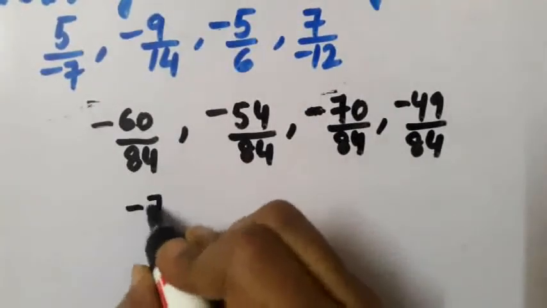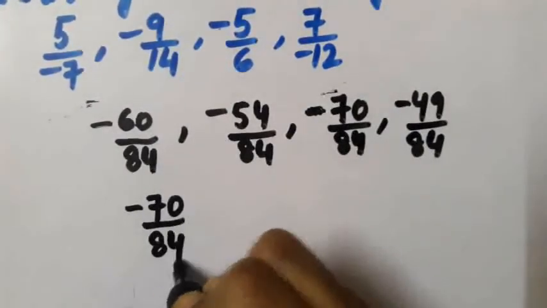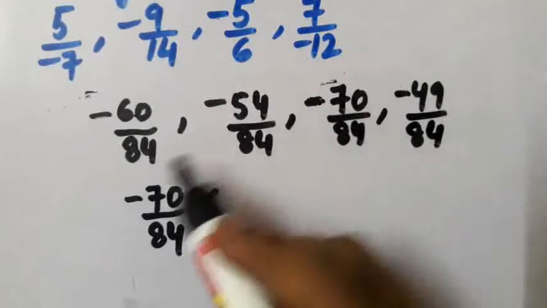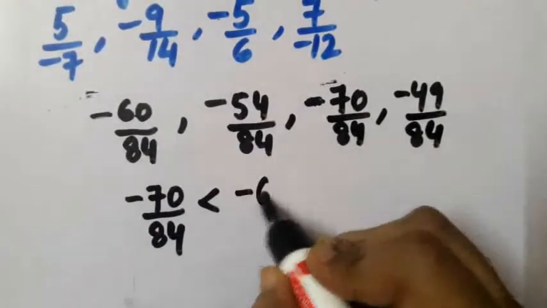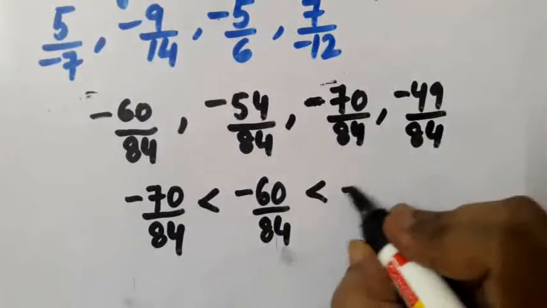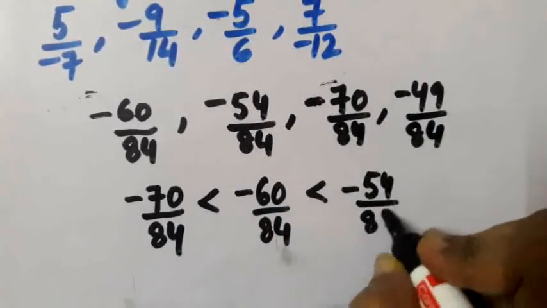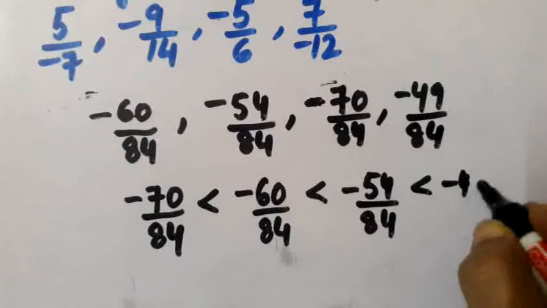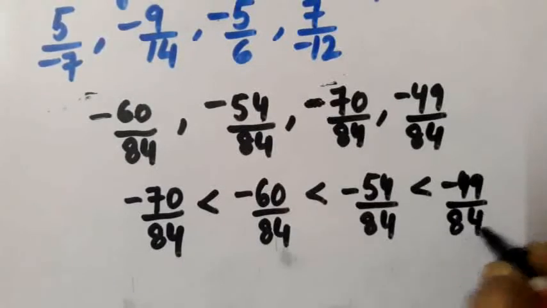So first we write minus 70 by 84, which is less than minus 60 by 84, then minus 54 by 84, and then minus 49 by 84.